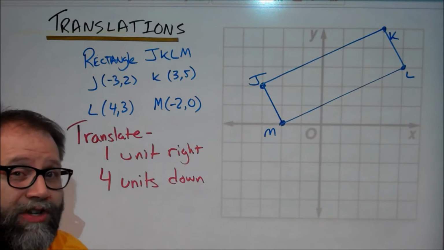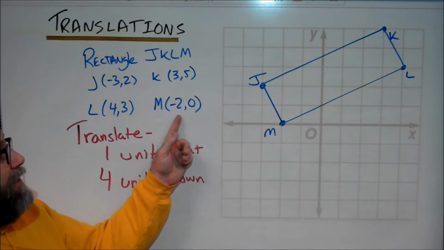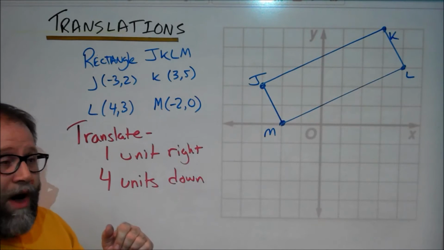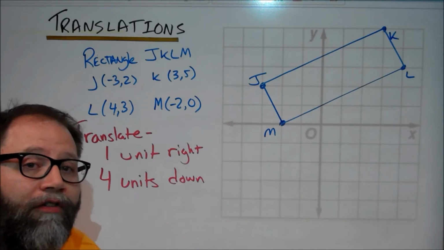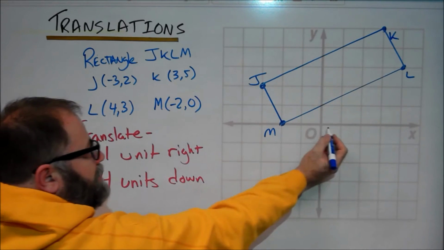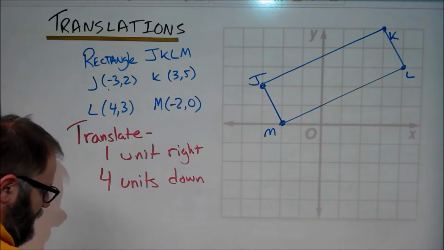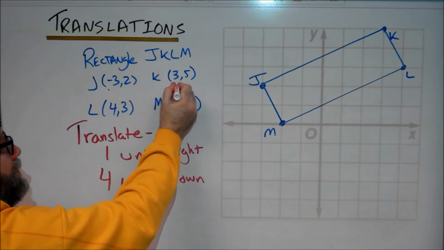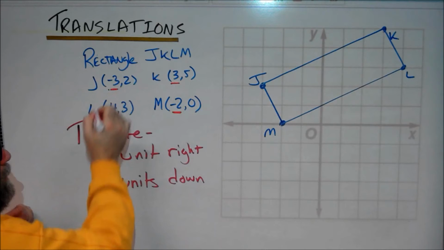Before we even start that, let's differentiate which values are going to be changing in terms of our X and our Y. When we say 1 unit right, that means all of our X's, because X moves along the horizontal, are going to increase by 1, because that's how the number line works.